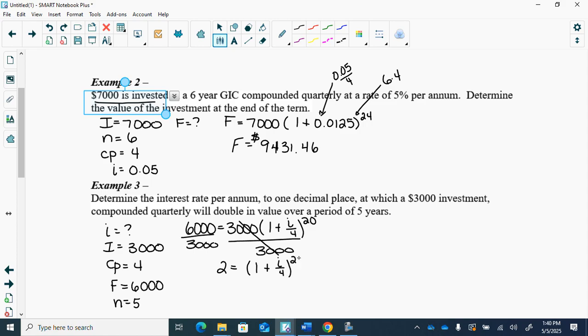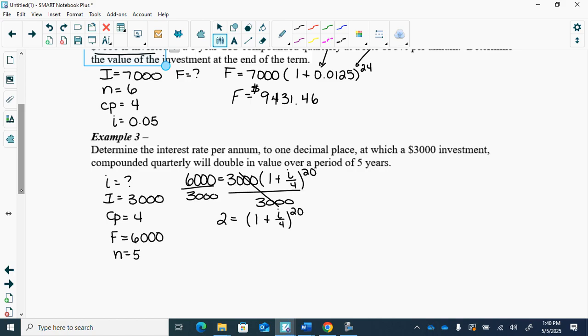What do I have to do next? Take the 20th root. Or you can raise to the power of 1 over 20, but I'll take the 20th root. That's going to be a non-terminating decimal, so I'm going to leave it as the 20th root of 2 equals 1 plus i divided by 4. Then what do we do? Subtract 1. You have to do reverse order of operations, so the subtraction step first.